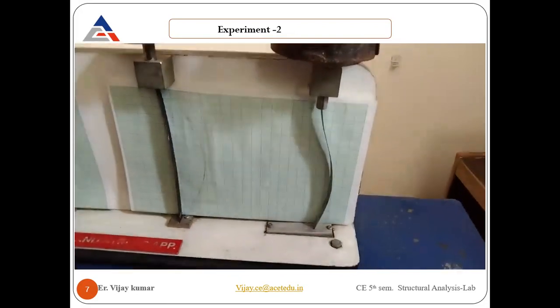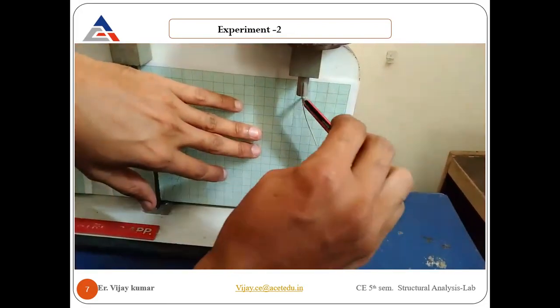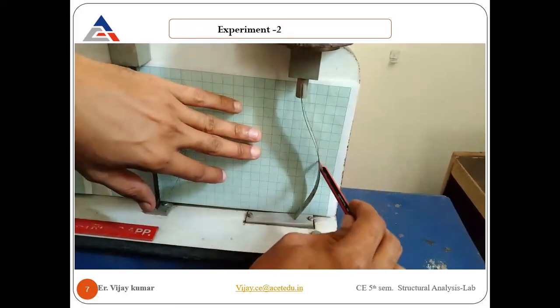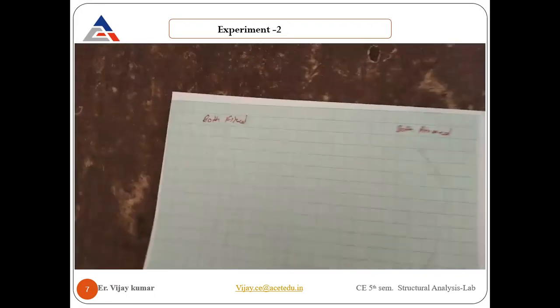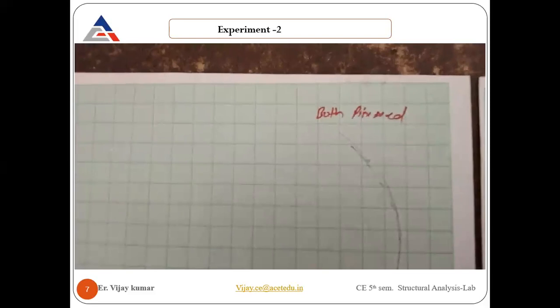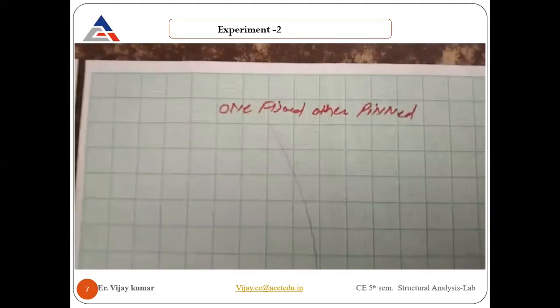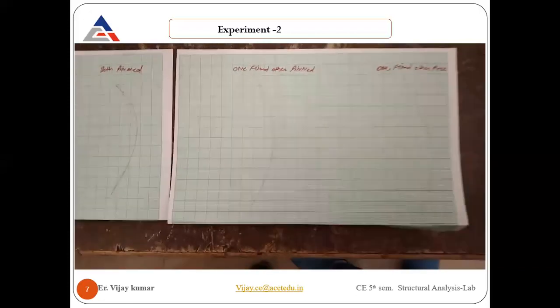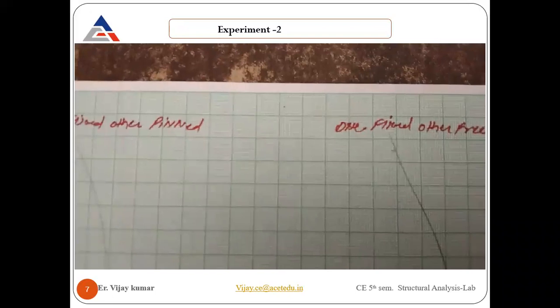If you see there is a deflection, that's how this is the one end fixed, other is free. Now take out the graph, you just draw the lines over it, and that is the both ends fixed case. First you can see the sheet, one end, both ends pinned, then you have one fixed, other pinned, and last but not the least, that is again one fixed and other free.